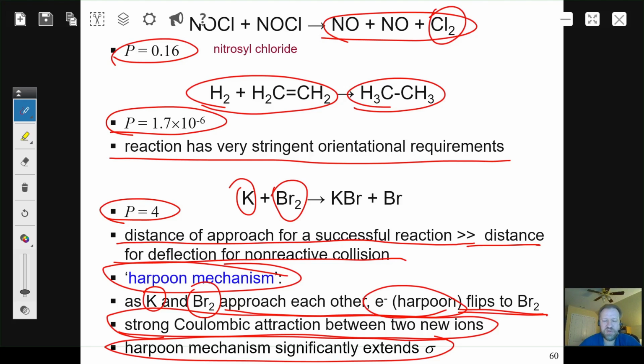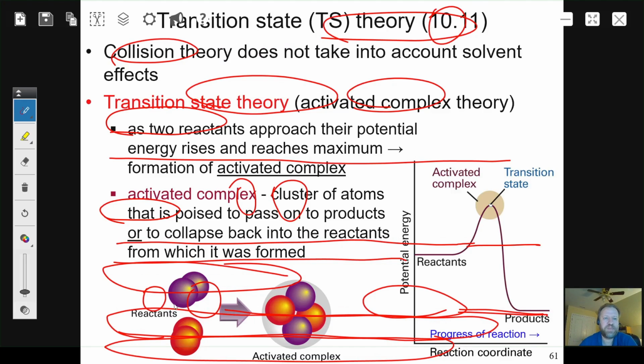So the bond between the two bromine atoms gets broken, and that bromine atom leaves the diatomic species and gets attached to potassium. So in this particular case, we can argue that the harpoon mechanism significantly extends the collision cross-section that is predicted via simple kinetic molecular theory.